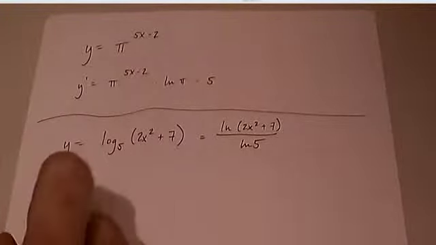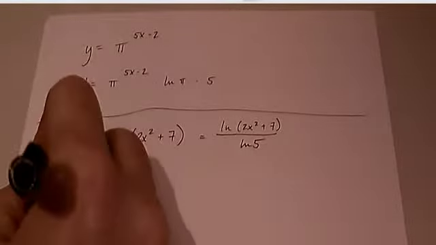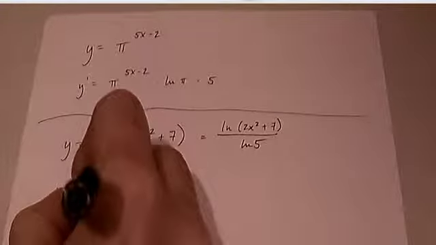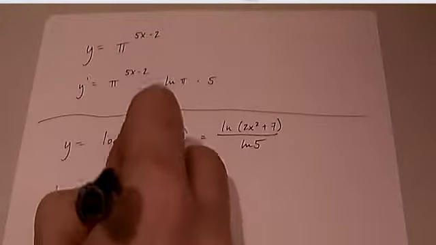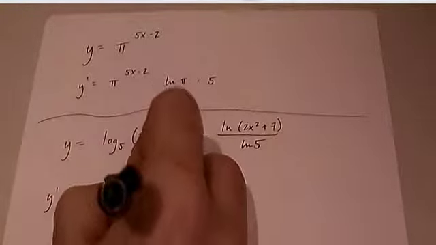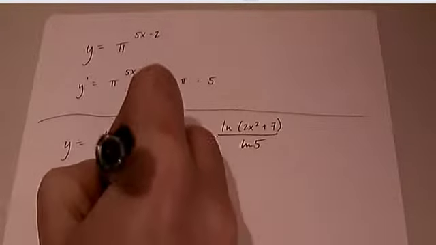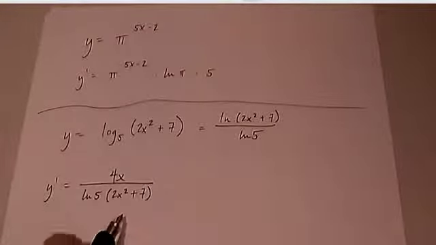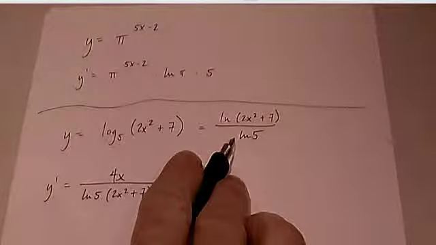And so the reason why the rule is what it is, meaning that y prime is equal to natural log a times u and then u prime on top.